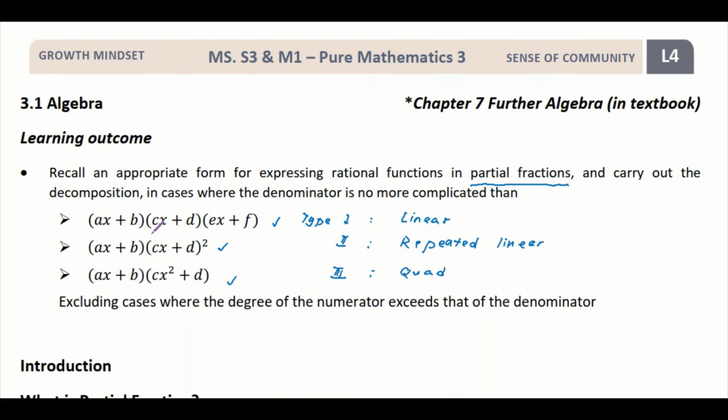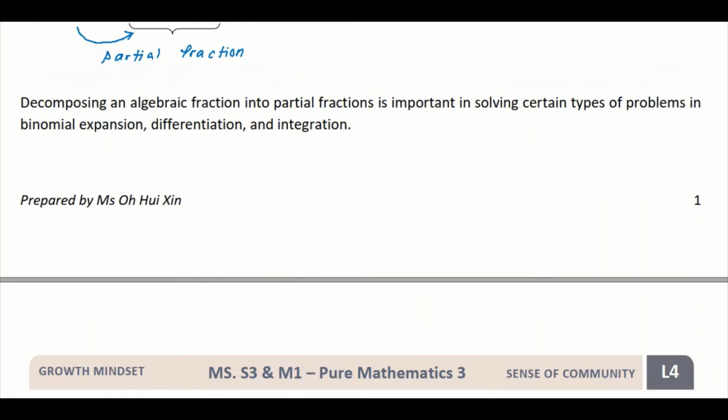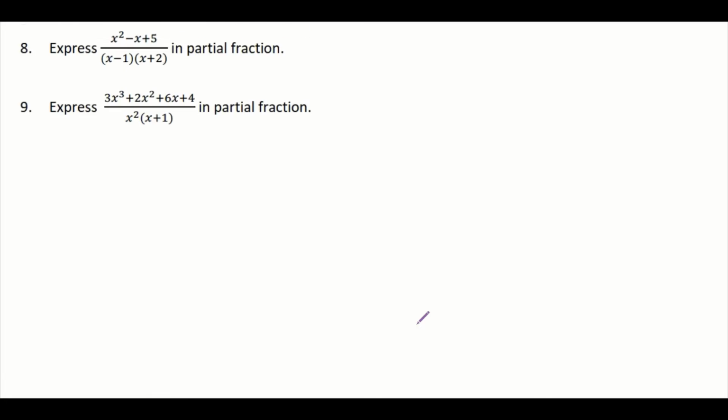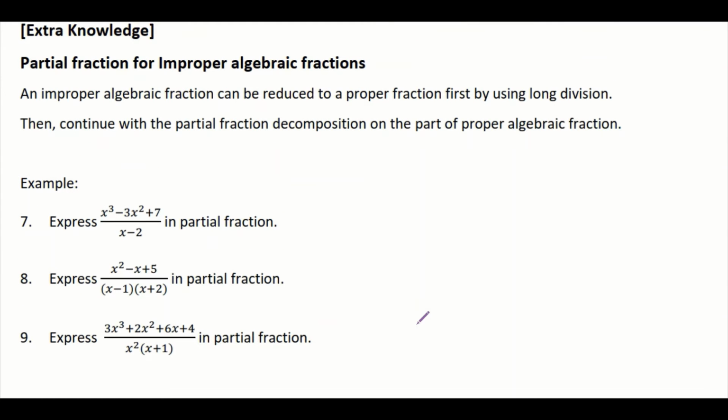But I'm putting the very last part in your notes as extra knowledge, on how to do it if you have an improper fraction. I'm not going to go into details, just a very quick explanation of what it means. Then I'm putting in this example as an exercise for you to challenge yourself, and I'll solve it without explanation, just for you to check.